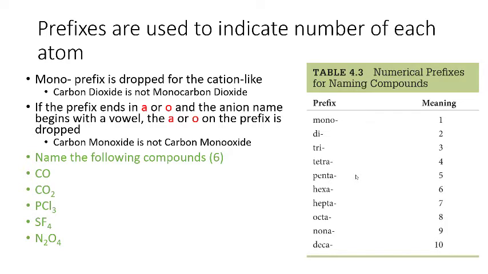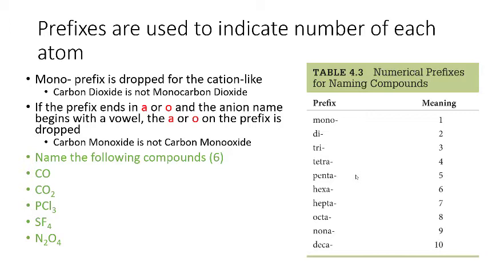Okay, so the departure that we have now from the convention for ionic compound naming is that we include prefixes in covalent molecules in order to indicate the number of each atom that we have.